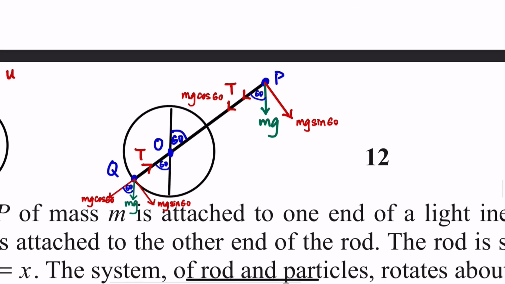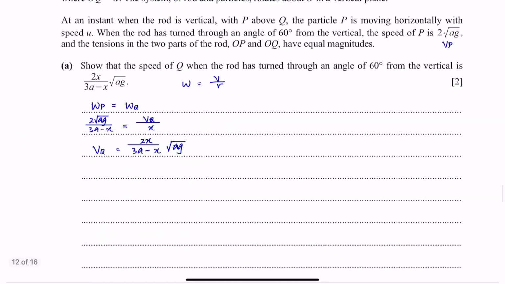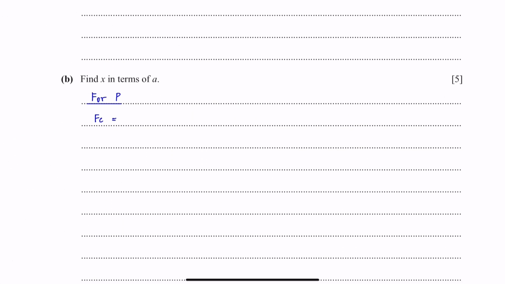So centripetal force is the sum of the forces pointing towards the center. So I can say that the centripetal force for P is T plus mg cos 60.